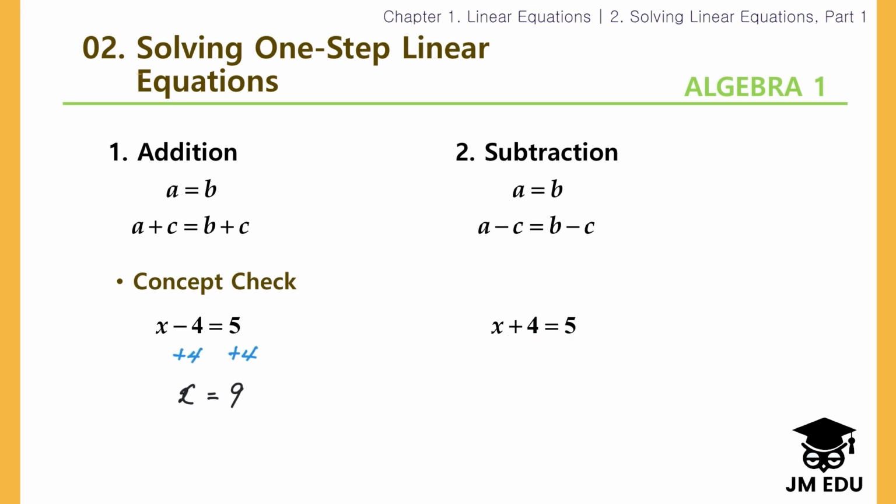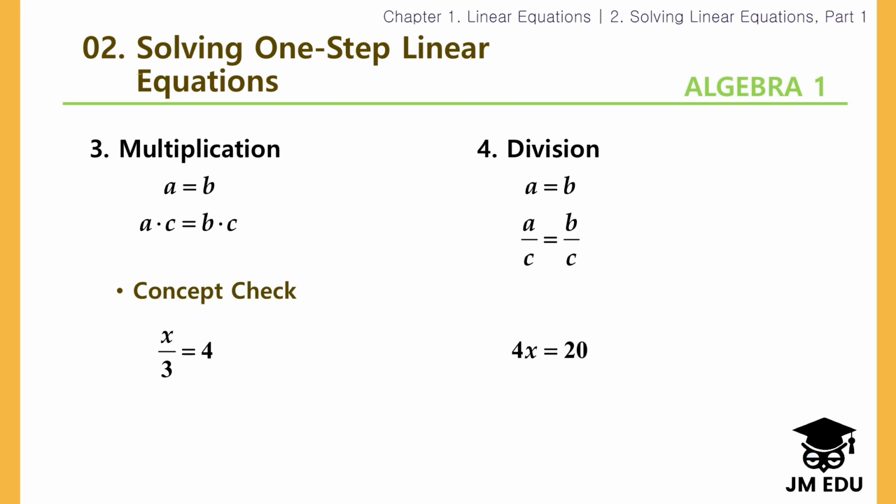So we can eliminate plus 4 by subtracting 4 from each side. So x plus 4 minus 4, that's 0, right? So all we have is x. 5 minus 4, that's going to be 1. So the solution of this equation, x is equal to 1.